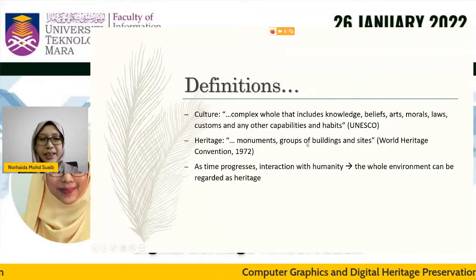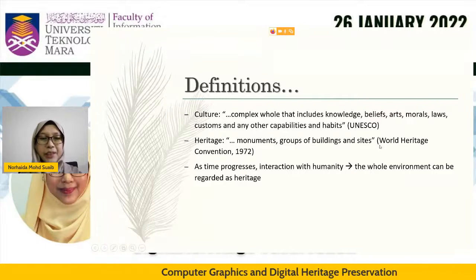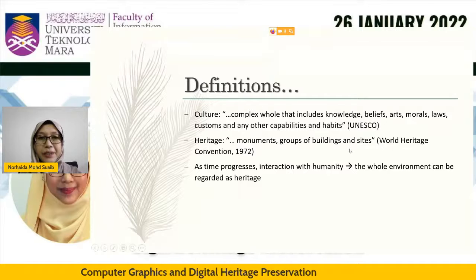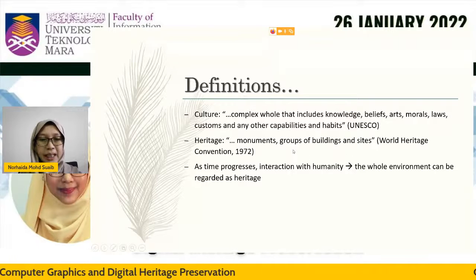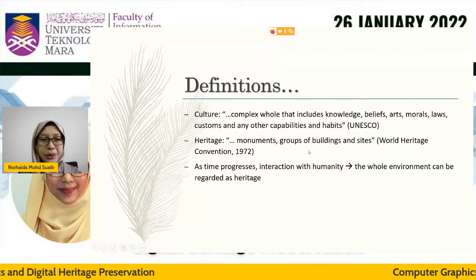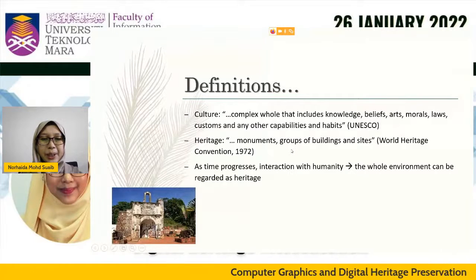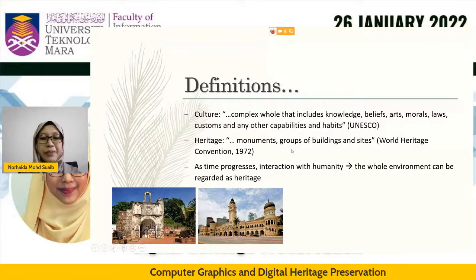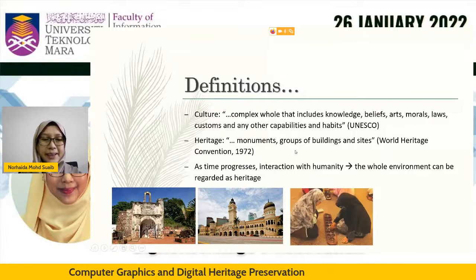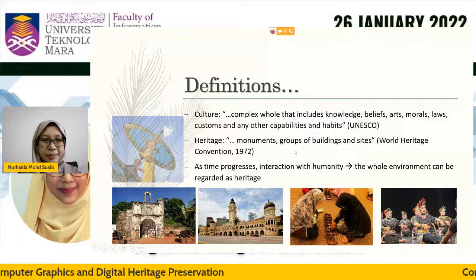While heritage, based on the World Heritage Convention 1972, refers to monuments, groups of buildings, and also sites. And as time progresses, interaction with humanity means the whole environment can be regarded as heritage.